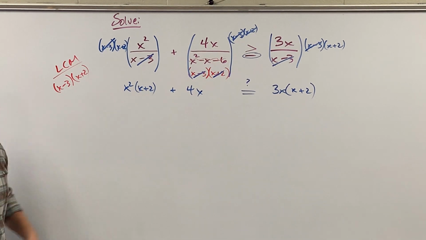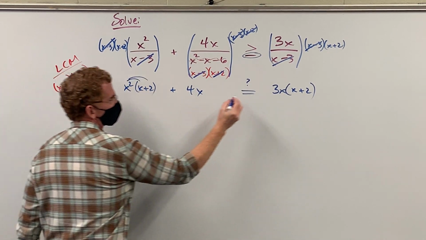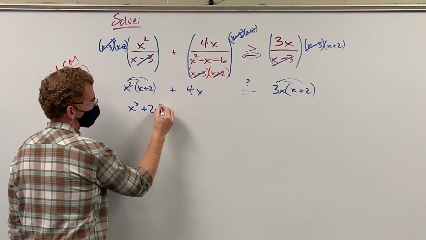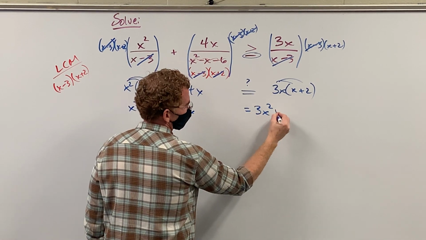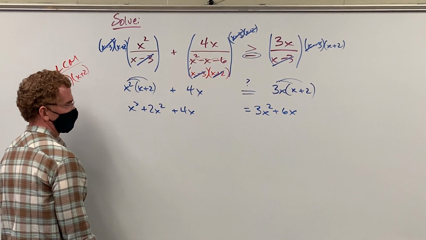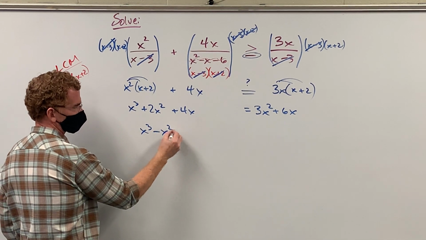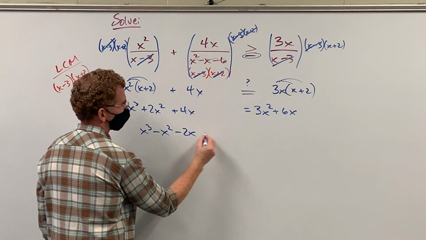So how do I figure out where these things are equal to 0? Multiply it out. Yeah, solve it. Distribute that. I get x cubed plus 2x squared plus 4x. This gives me 3x squared plus 6x. Move it all over here, and I get x cubed minus x squared minus 2x.